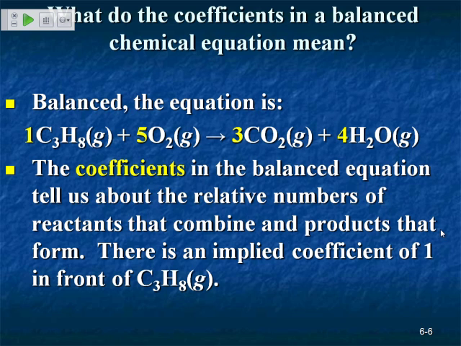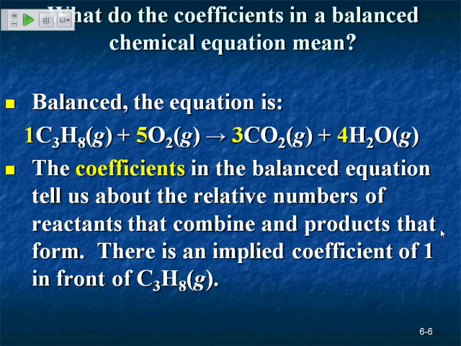So in this balanced equation, the coefficients, again 1, 5, 3 and 4, are the coefficients, not the subscripts in the formula. The coefficients in the balanced equation tell us about the relative number of reactants that combine and products that would form.